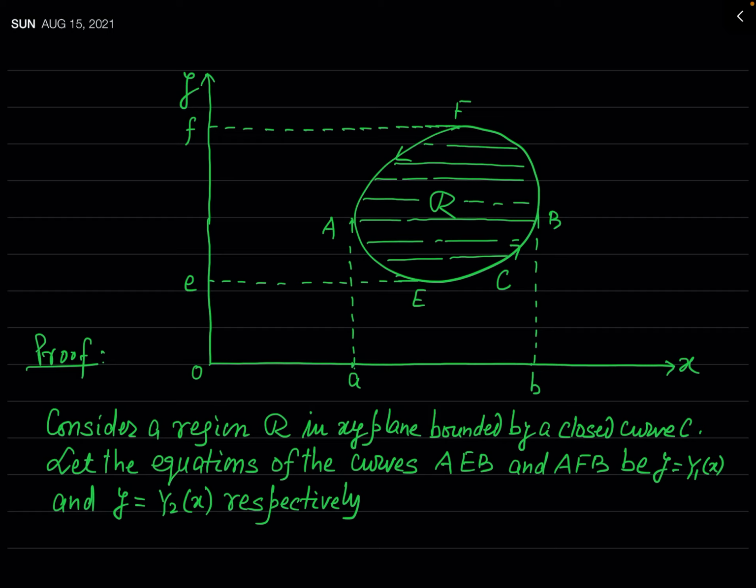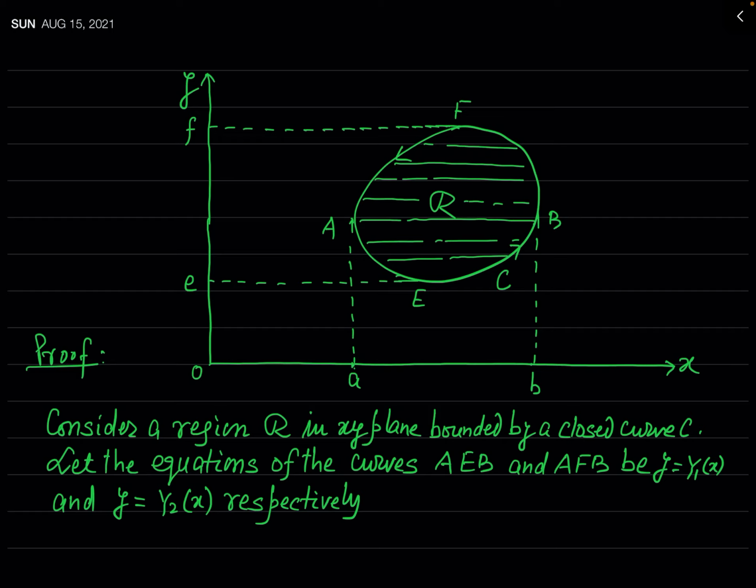But as you move along this curve AEB, the y coordinate changes, and the change in y coordinate depends on the value of x. Or you can say the value of y at different points on this curve AEB depends on the value of x for that point.